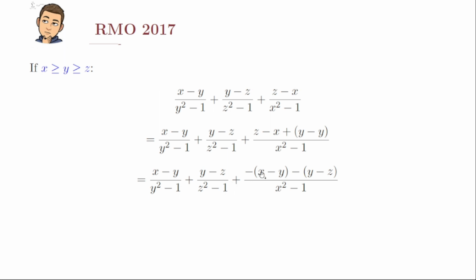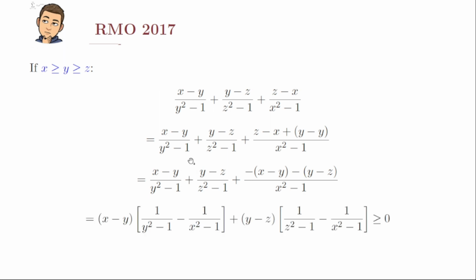So we have minus (x minus y) and minus (y minus z). And we can combine this with the other 2 terms right here, involving x, y, and y, z. So we get, it is easy to check, (x minus y) times (1 over y squared minus 1 minus 1 over x squared minus 1), and then plus (y minus z) times (1 over z squared minus 1 minus 1 over x squared minus 1).